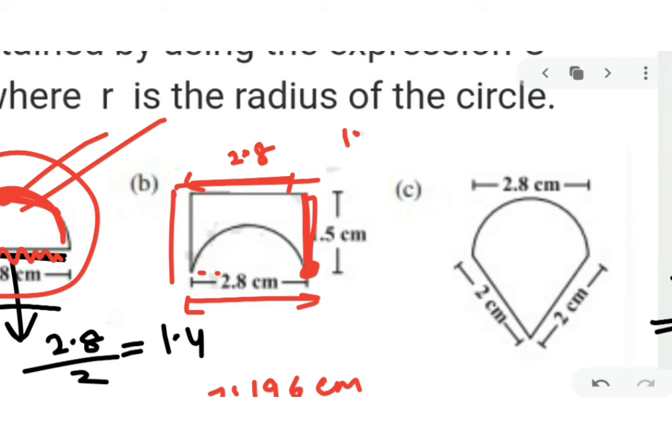So I am going to add 1.5, 2.8 plus 1.5, and then the ant has to cover this structure, that is a dome, that is the circumference. And the radius will be 1.4, that is half of 2.8. Getting my point clear? So again you have to take the semicircle.